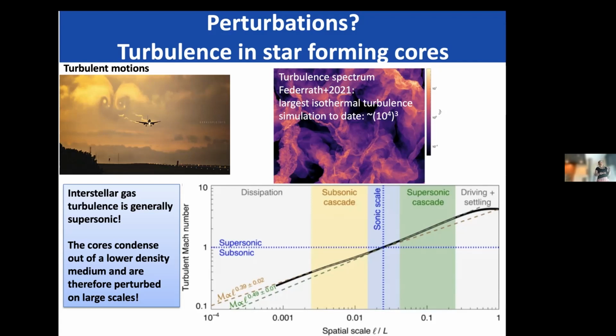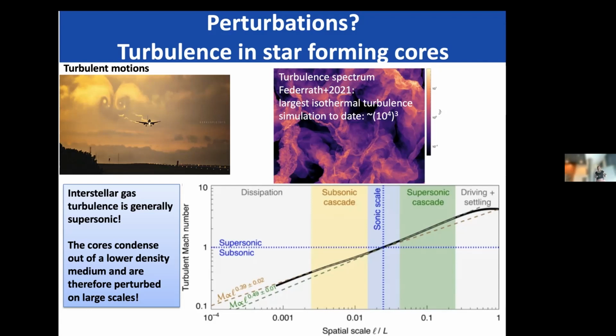Just one more word about the turbulence itself. I think the best simulation to date for studying isothermal turbulence is this one here by Federrath from 2021. They have a resolution of 10,048 cubed. This is a grid simulation with FLASH, and they set up a box in such a way that they have a driving scale where turbulence is being injected and driven.